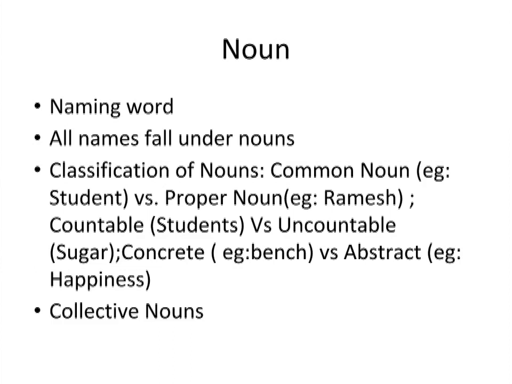Okay, now the last part of the nouns, we have collective nouns. What are they? Collective nouns are nothing but nouns that are used to denote a set of things together. A common example is, we talk about a team, a cricket team, a team of players. When we say the word team, we mean there are some 12 players there.